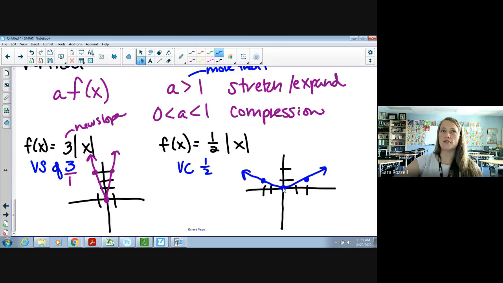Do we see how that has been compressed from the normal V shape? Kind of like if you get a trash compactor and push it down a little bit by a half from what the normal V was, now it's a little bit more compressed that way. The first one we went and stretched it vertically, it got taller. The second one, it compressed it vertically from there, okay?